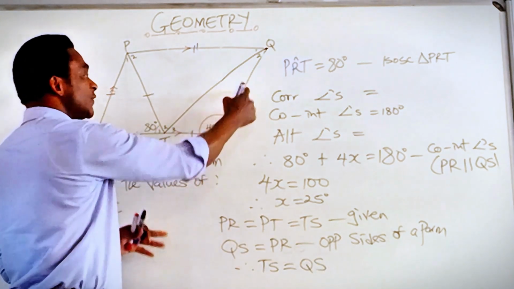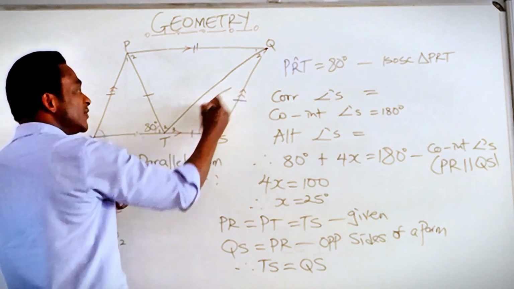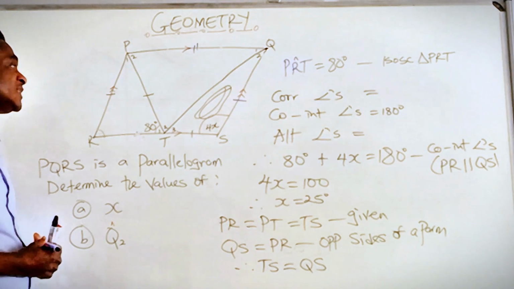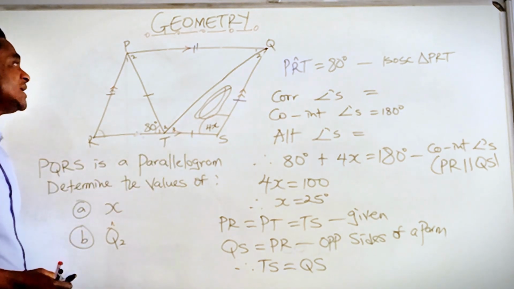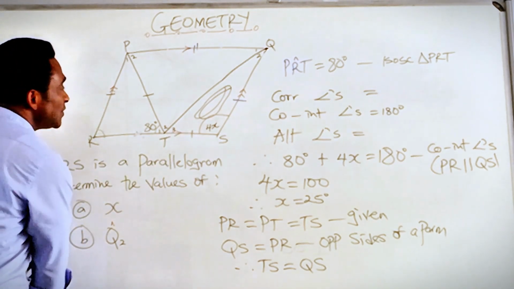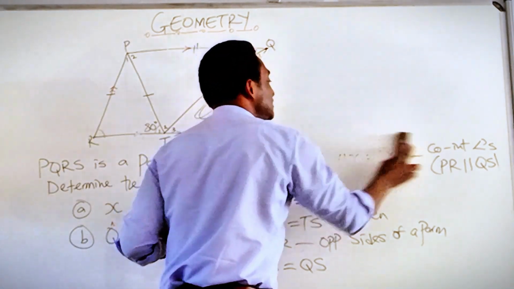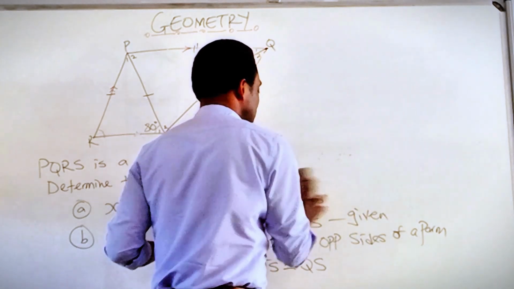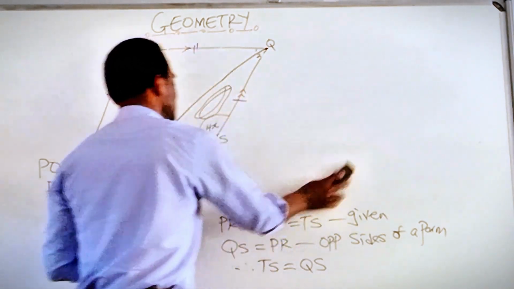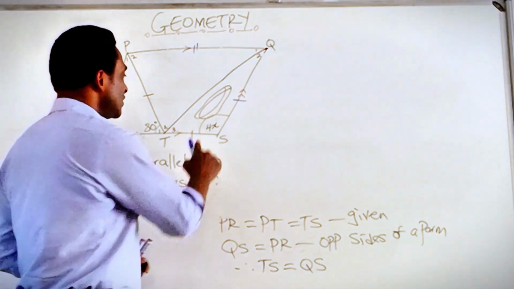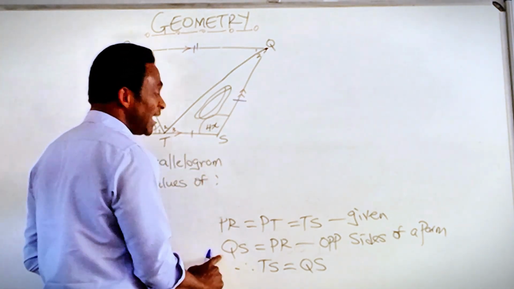If TS is equal to QS, that makes this triangle also an isosceles triangle. So if it is an isosceles triangle, we can then easily solve for its interior angles. Let's look at this. 4x is 4 times x.